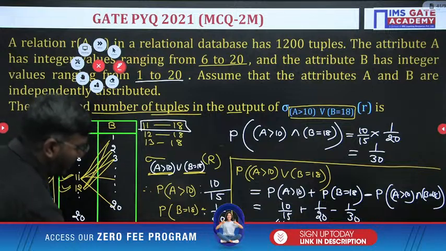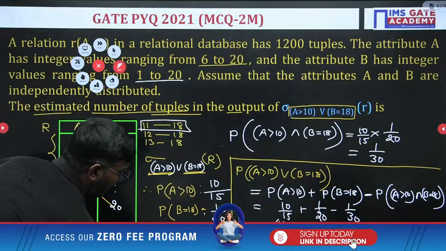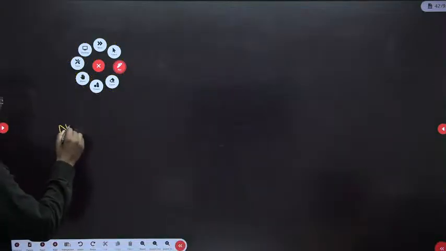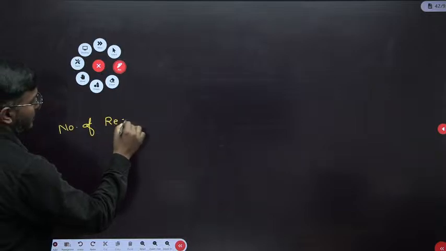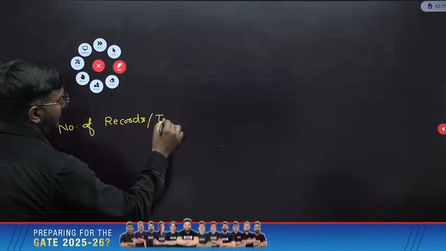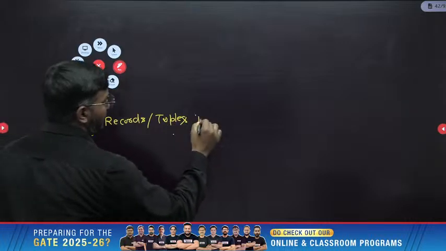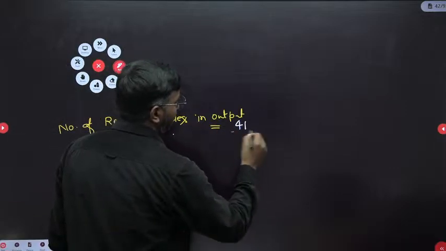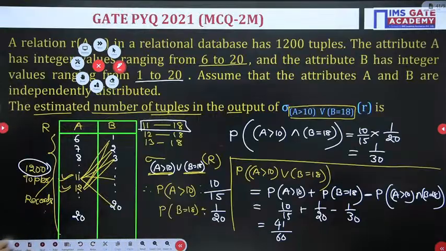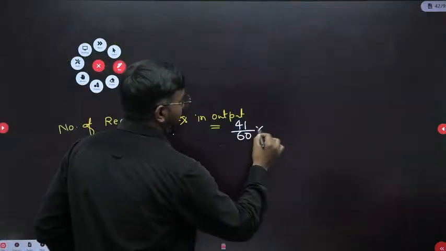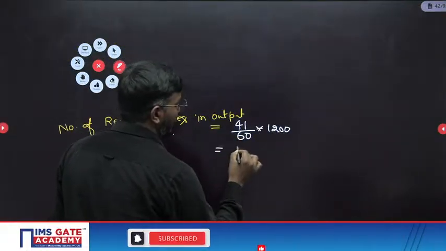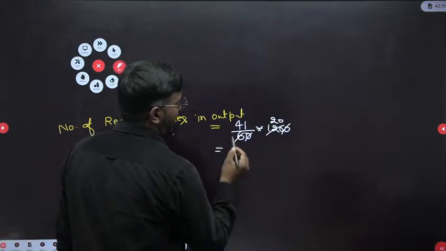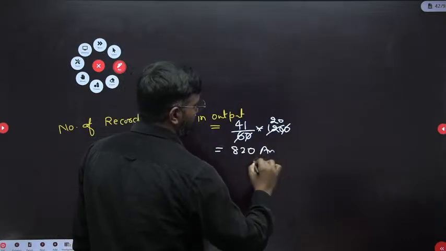So finally, if I want to find the number of records in the output, the number of records or tuples in the output will be equal to 41 by 60 multiplied by 1200. It will be equivalent to 820. Fine, 820 is the answer.